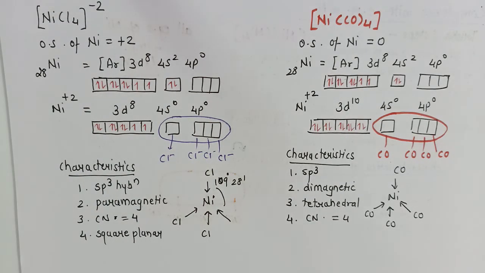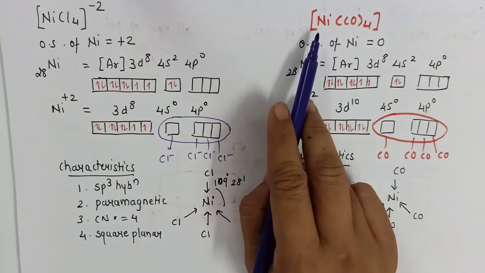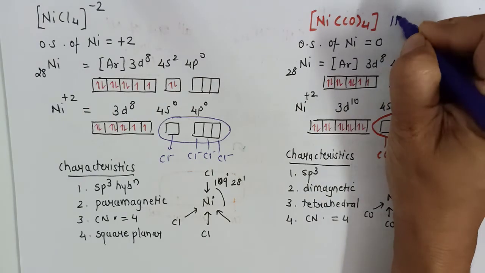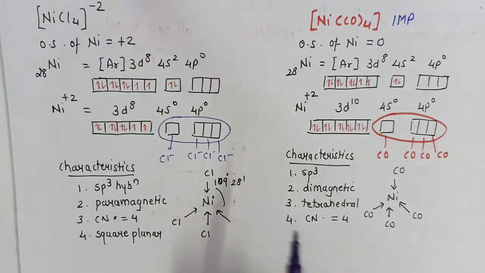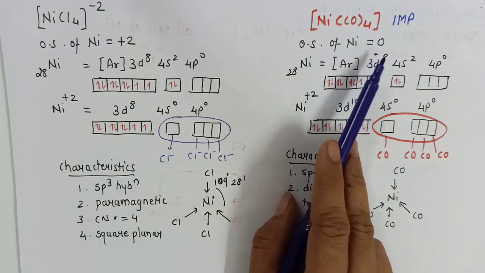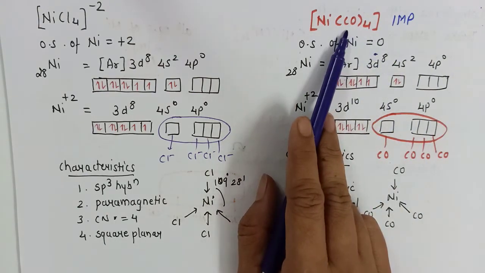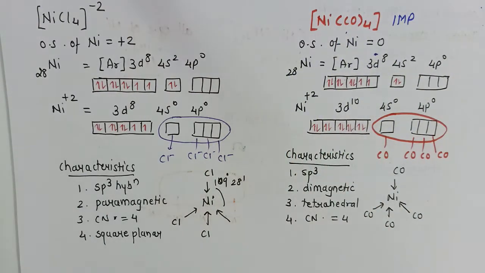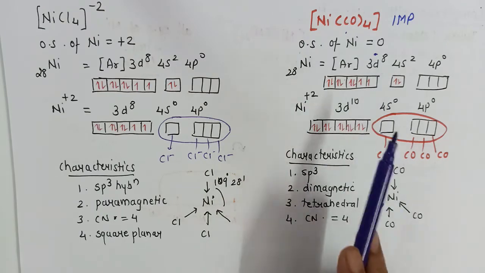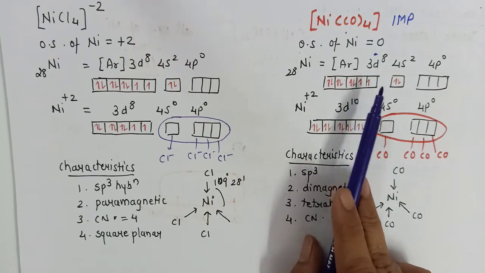The next example is the complex of nickel again, with carbonyl as a ligand. This is a very important and interesting example. The oxidation state of nickel is 0. In all those coordination complexes where carbonyl is a ligand, the oxidation state of the central metal atom will always be 0. Remember this trick. So nickel is in 0 oxidation state, so 3d8 remains as it is.